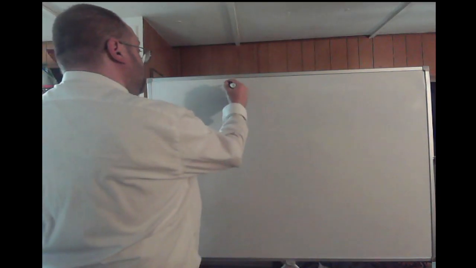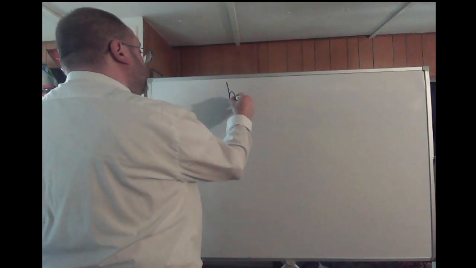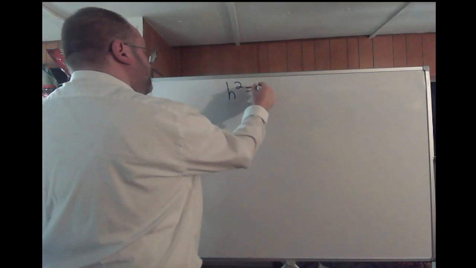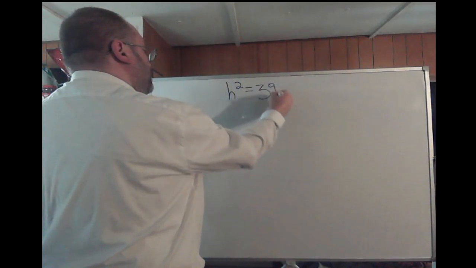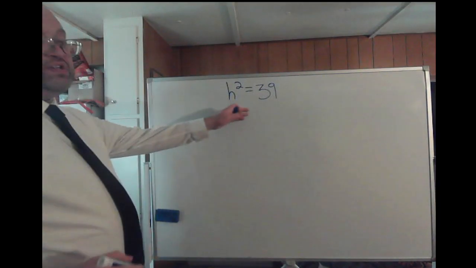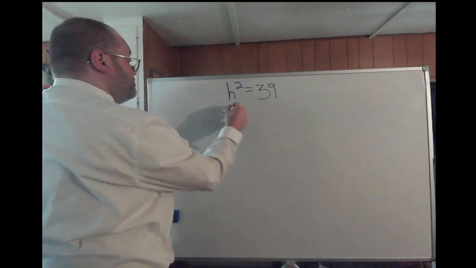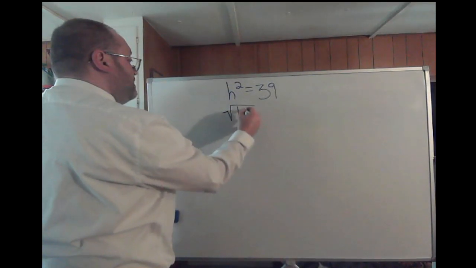Alright, I think we'll do one more. Let's say h squared is equal to 39. Well, of course, we want to get h, so we'll take the square root of h squared.